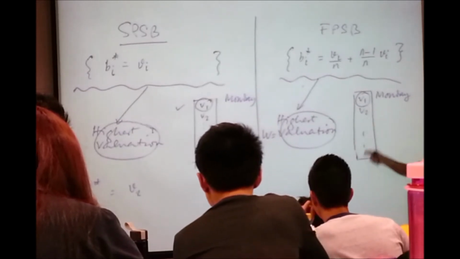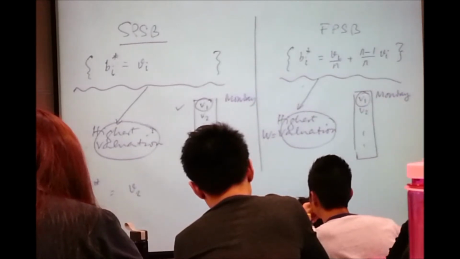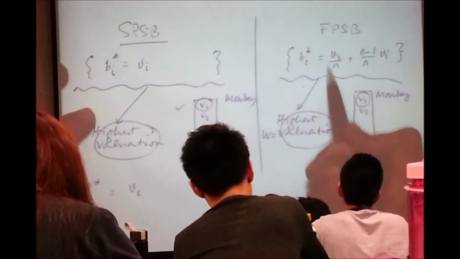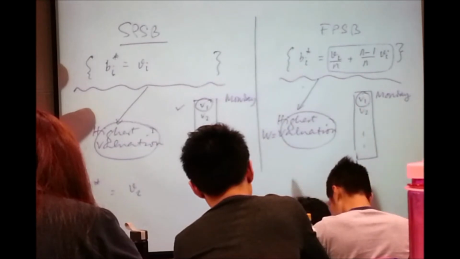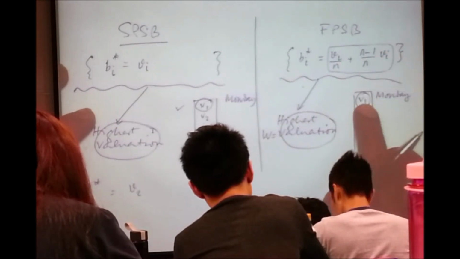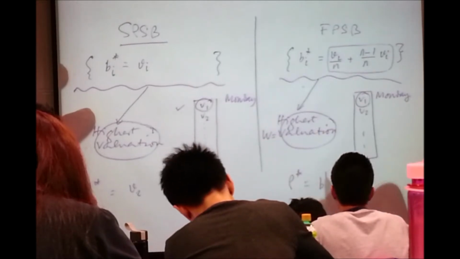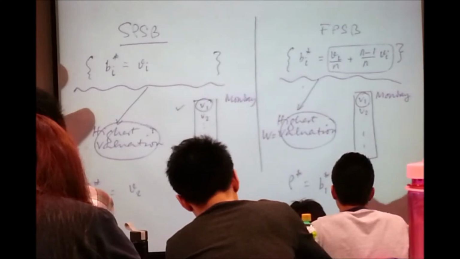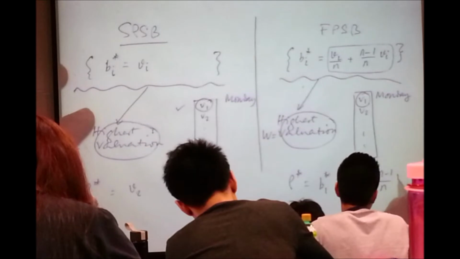So in order to find the equilibrium price, I have to figure out how much this guy will bid to begin with. What is the optimal bidding strategy? The optimal bidding strategy is this here. Therefore, this guy will just substitute v_i with his own valuation. Therefore, the price will be b1*, which is (1/n) v1 + ((n-1)/n) v1.